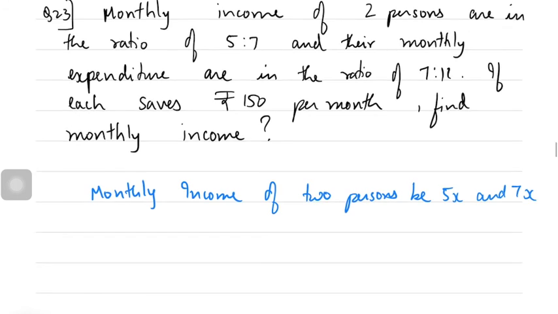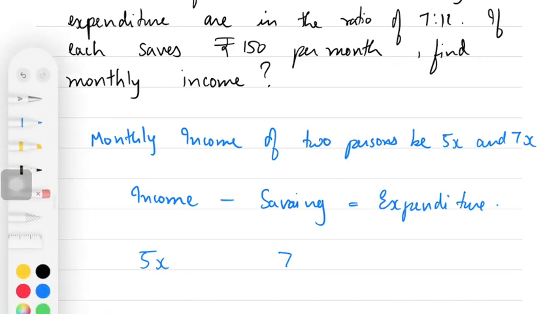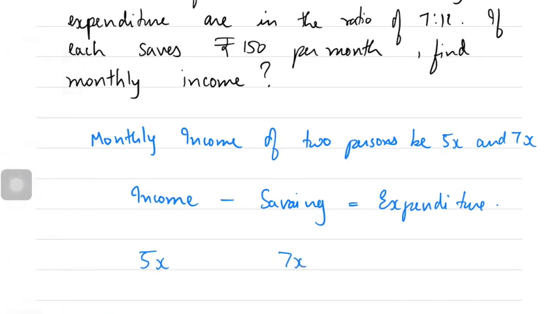Okay, so you know that income minus saving is equal to expenditure, right? So the incomes of the 2 people are 5x and 7x, and each saves 150.